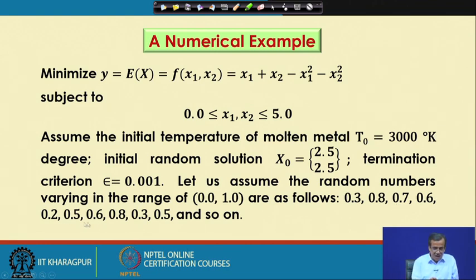These random numbers I am going to use in the iterations. Okay. Now, let us see how it works.